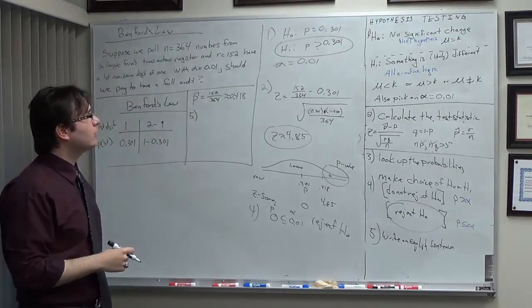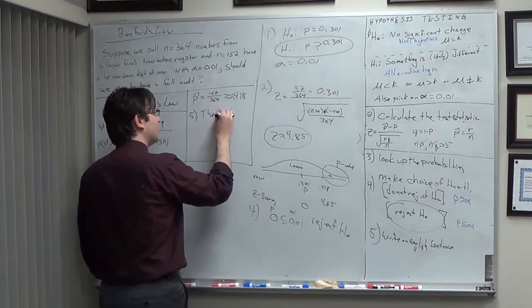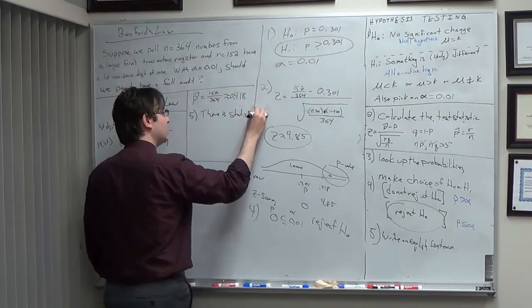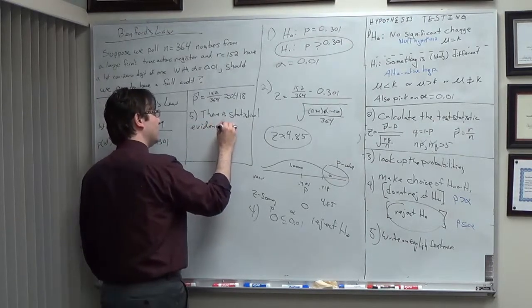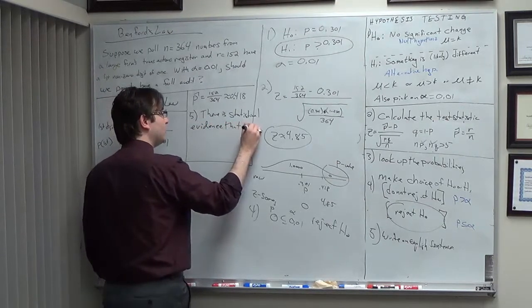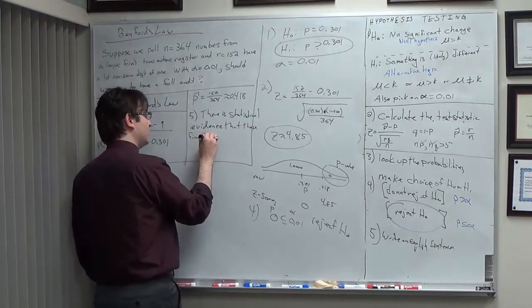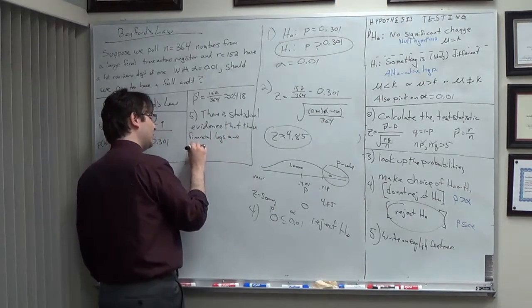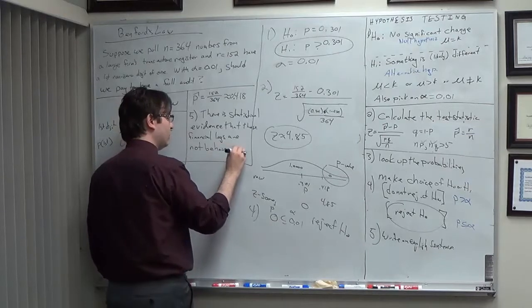P is bigger than 0.301, so we would say there is statistical evidence that these financial logs are not behaving usually.